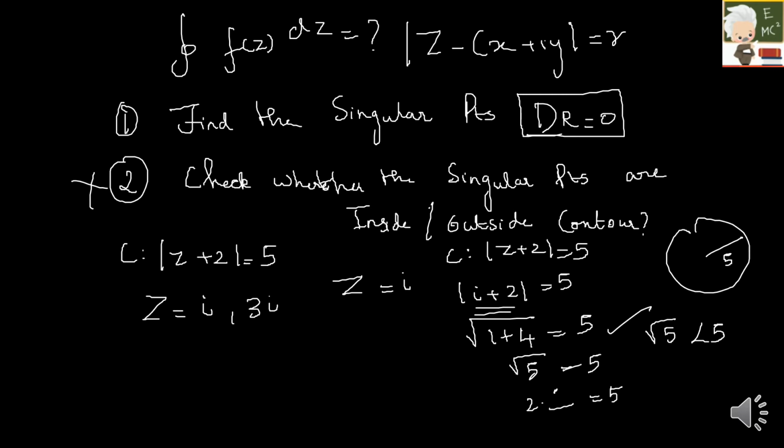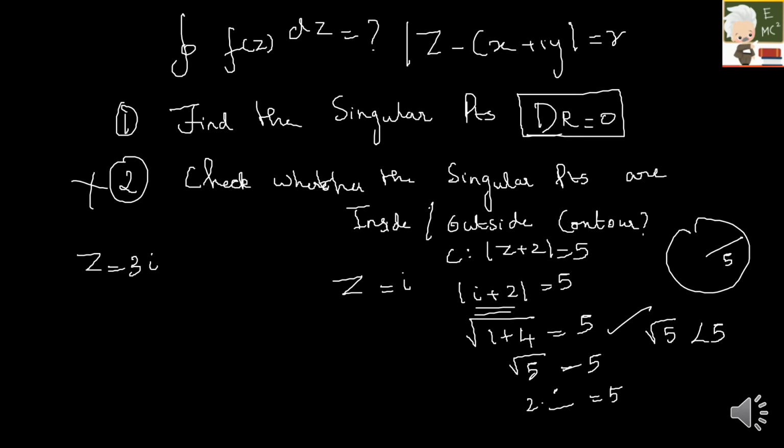Let me rub this out and write. I hope everyone is getting the point I am saying. The next point is z = 3i.